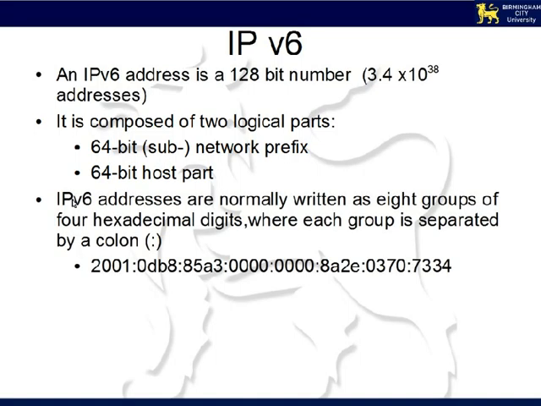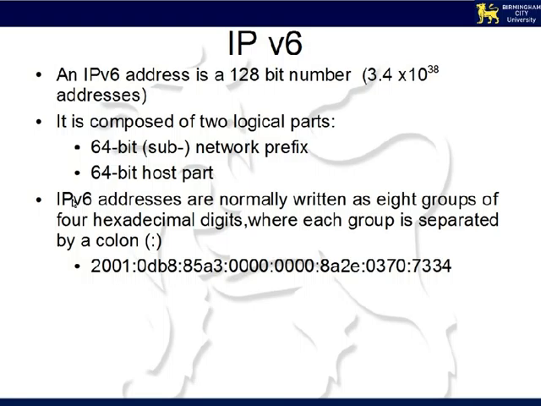Looking at what an IP version 6 address looks like, you'll see it looks an awful lot different to an IP version 4 address. The first thing you'll notice is that it's now represented in hexadecimal, not decimal, and rather than being separated by dots, it's separated by colons. The other thing we notice is that because it's a 128-bit number, it's much, much longer, and therefore is much harder to remember and will also be much more complicated to correctly enter into a networking device without making a mistake.